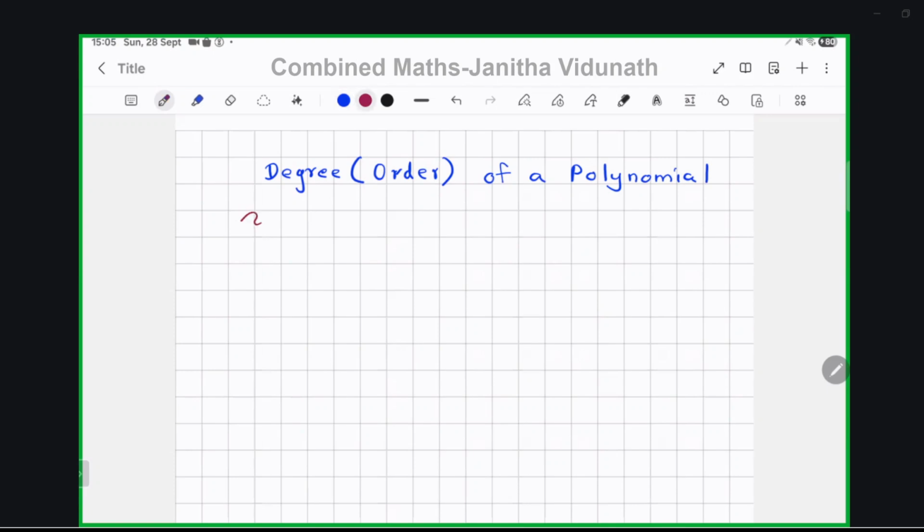Under the topic, write down the degree of a polynomial.